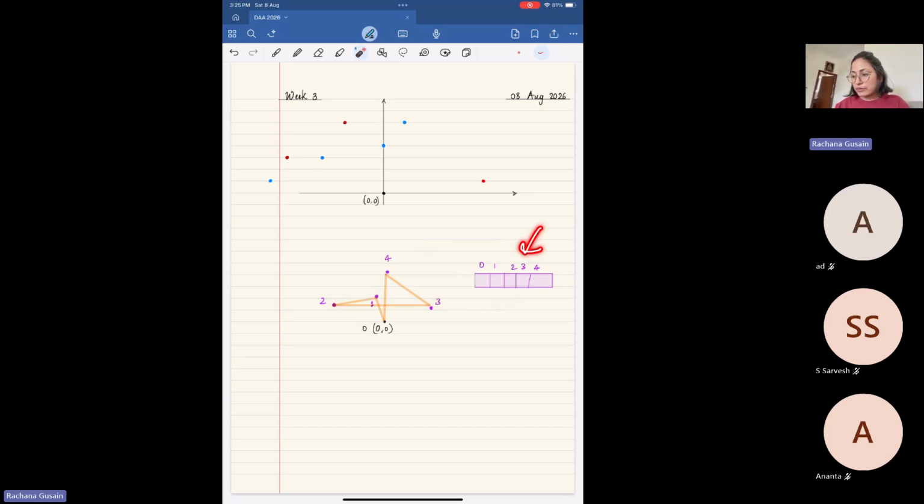This is the array I am given. I'm just drawing it in the 2D plane. And if I try to connect these points in this order, in the order of the indices where they are stored, then also I'm going to get a polygon: 0 to 1, 1 to 2, 2 to 3, 3 to 4, and 4 to 0. So a polygon is a region in the plane which is bounded by straight line segments. So this is a polygon.